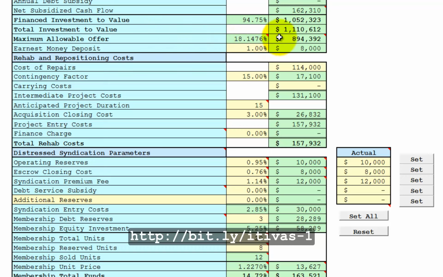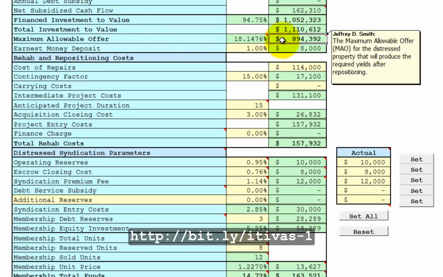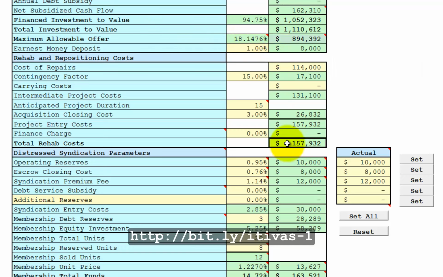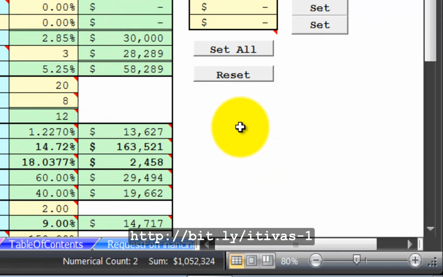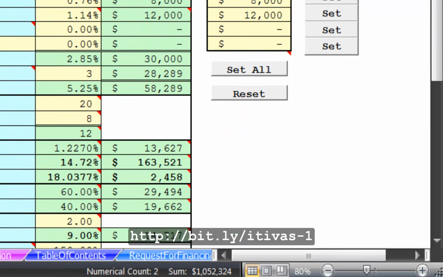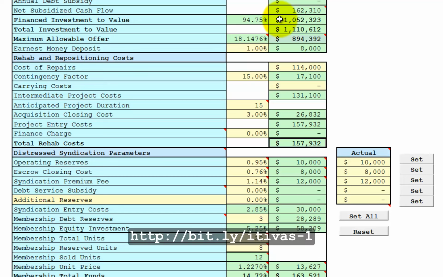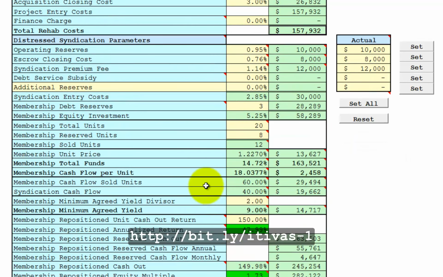The maximum allowable offer plus the total rehab costs equals the financed investment to value. There is additional funding to come to the total investment to value, which is the additional funding in the syndication LLC, the parameters, and the debt reserves.